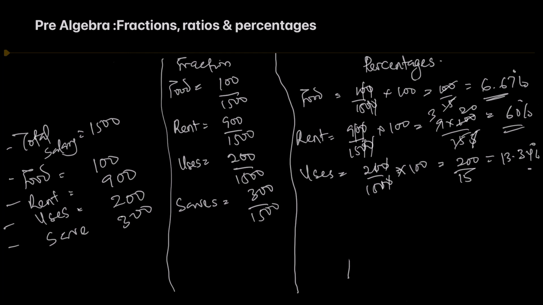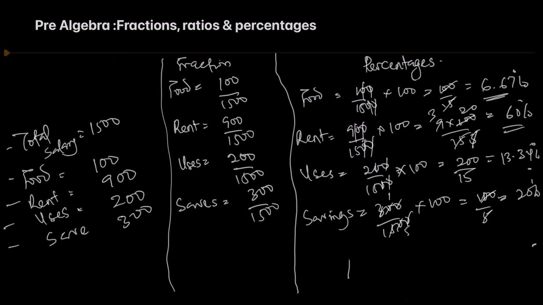And then you come to the savings, and then you have 300 over 1.5, and then you have 100. And then you have 100 over 5, and then you have 20%.